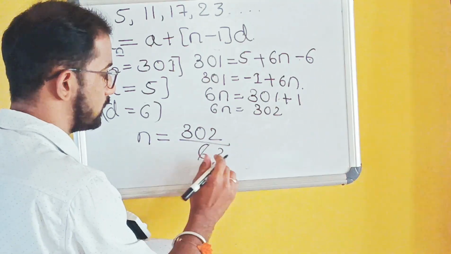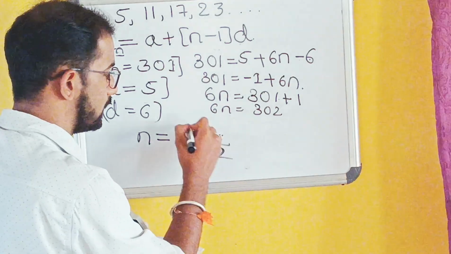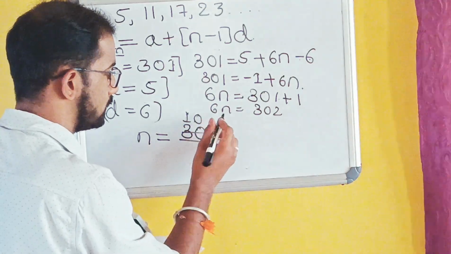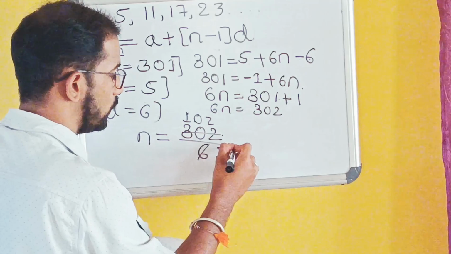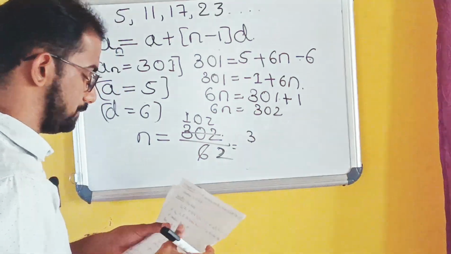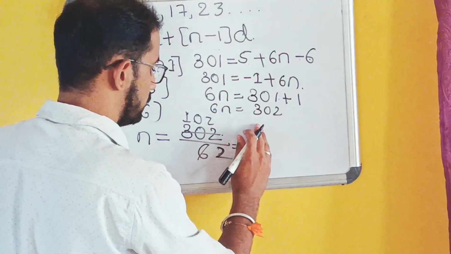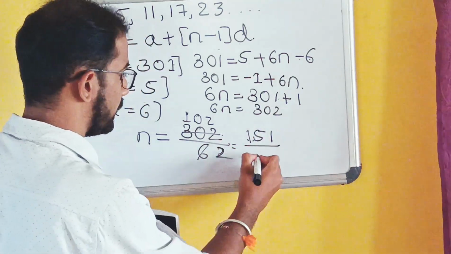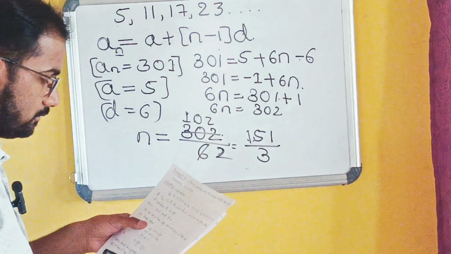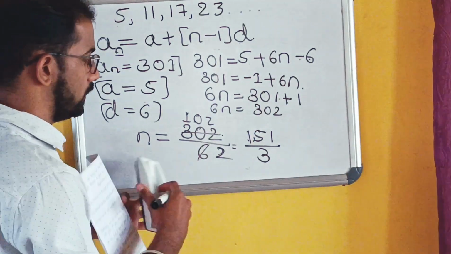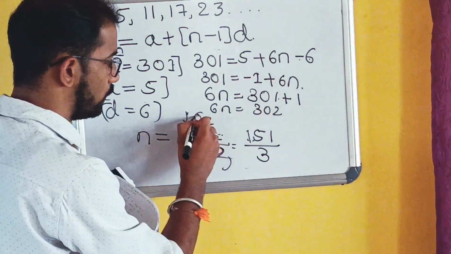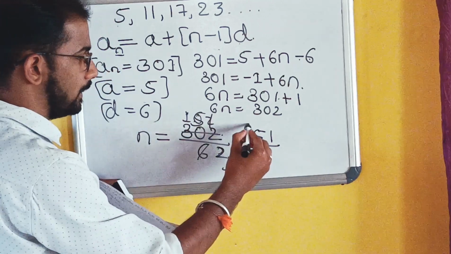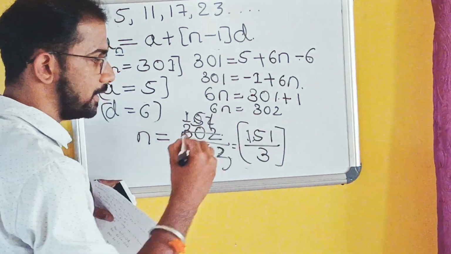After solving, 302 divided by 6 gives 151 divided by 3. This is the value of n.